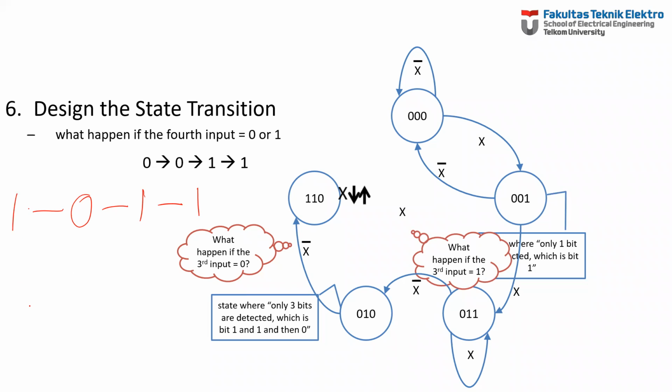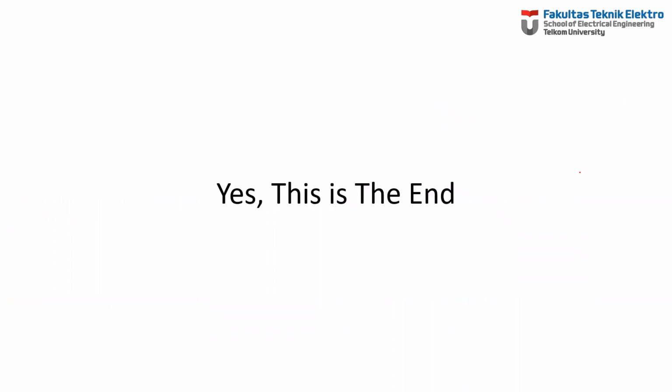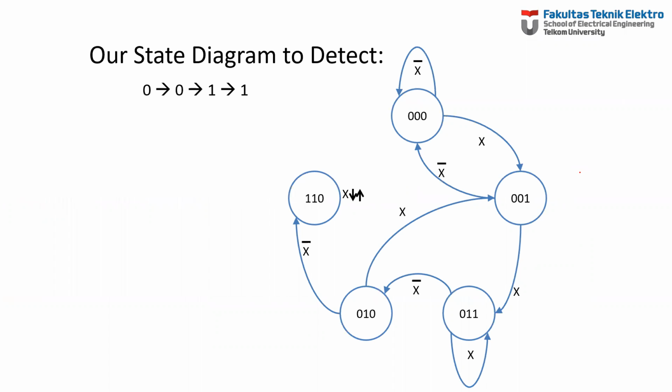That means we start not from the beginning, but we already detect the first input. So it will move to the state where 1 bit is detected, which is 1. Is this the end? Yes, probably the end. So this is the state diagram.